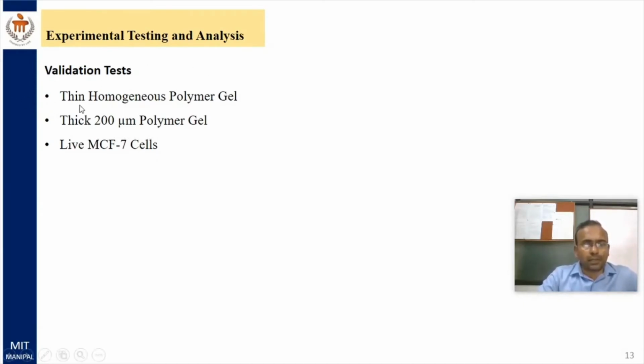The first study is mainly focusing on the substrate influence. For example, if it is a thin sample and we are indenting to a greater delta by H value, definitely it is going to invite some amount of substrate influence. And we want to see how this substrate influence corrected model is performing.